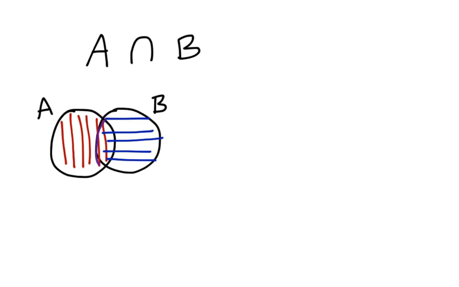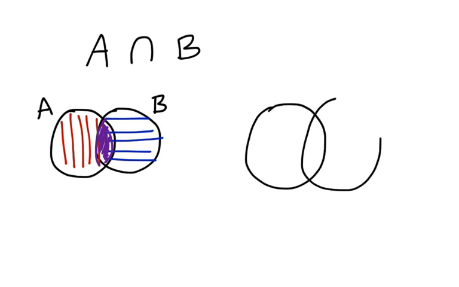It's going to be right here, where I have both red and blue lines. And so my final picture, my answer for the set A intersect B, is going to be shaded right here in the middle. And if a question were to ask what regions are shaded, the only region that is shaded in this picture is region 2, the one right in the middle.